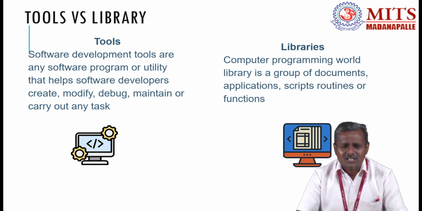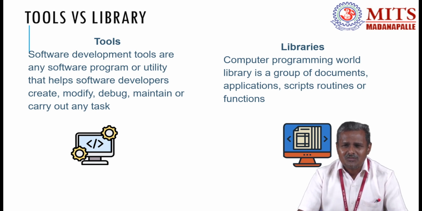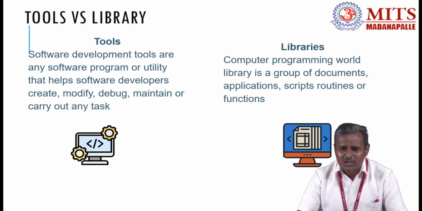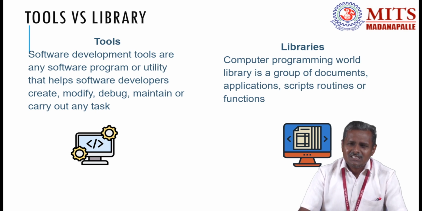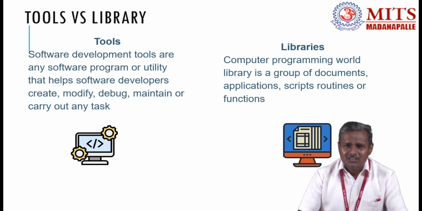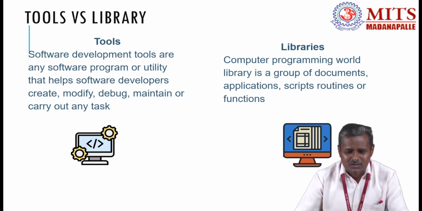These are all libraries which support developing software. Tools give an environment to develop the software, that means debugging, development and running of applications. That is the difference between tools and libraries.